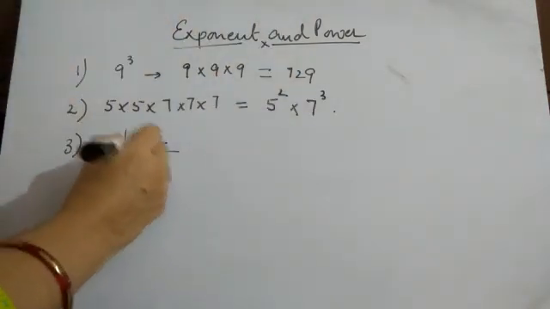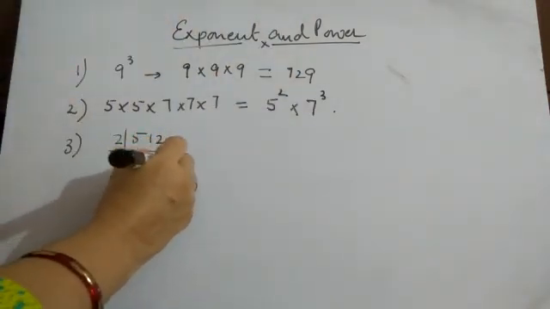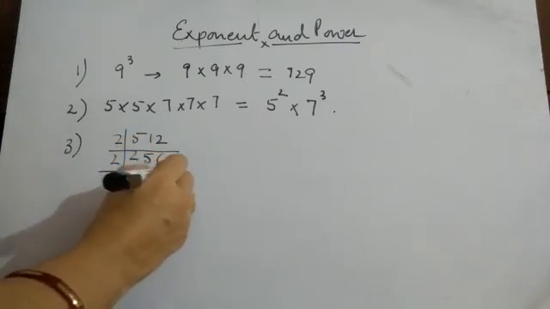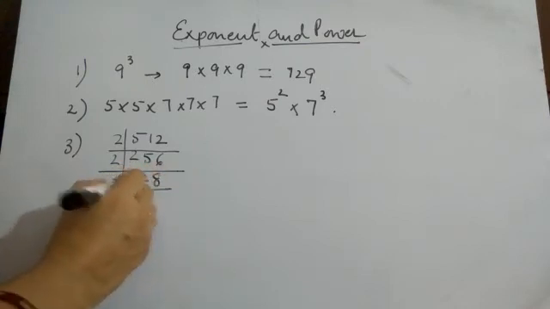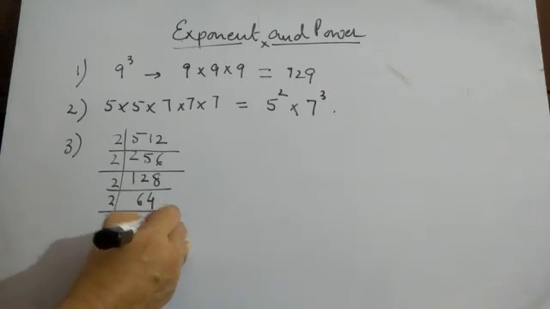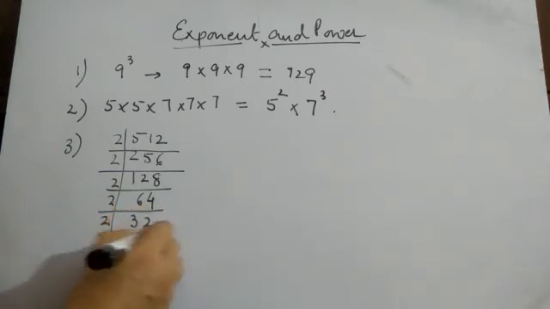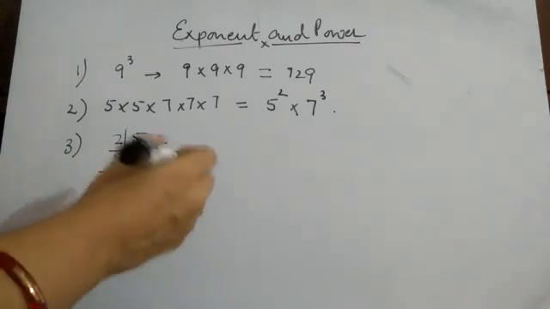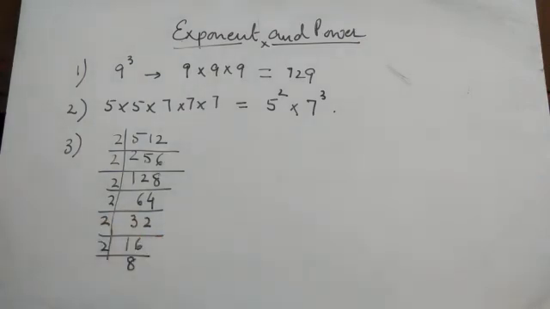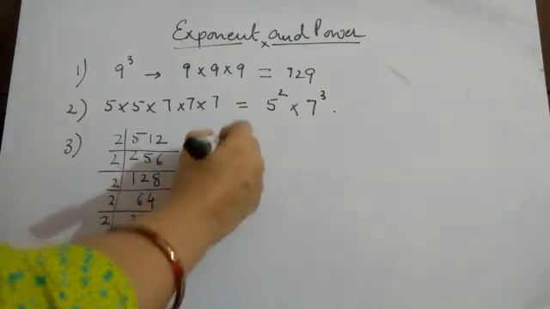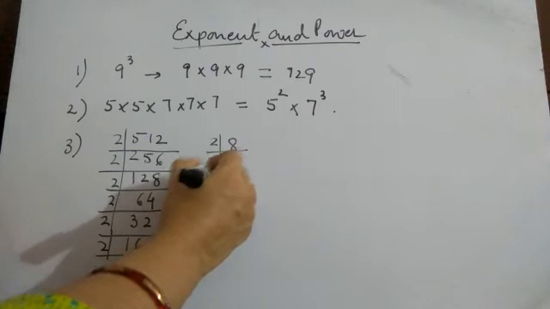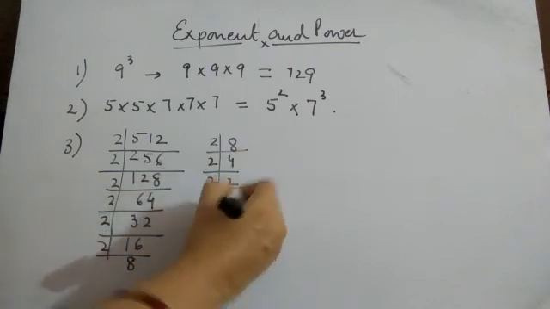So let us do: 2 2s are 4, 2 5s are 10, 2 6s are 12, 2 1s are 2, 2 2s are 4, 2 8s are 16, 2 4s are 8, 2 2s are 4 and 2 1s are 2.